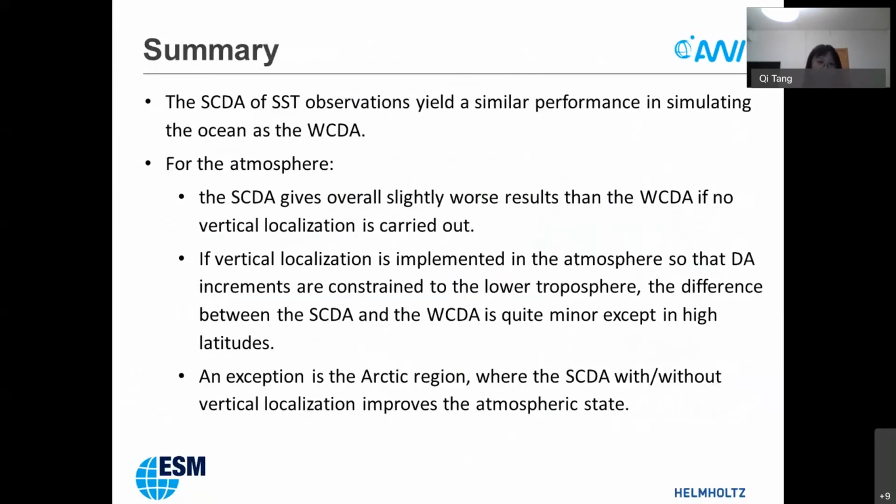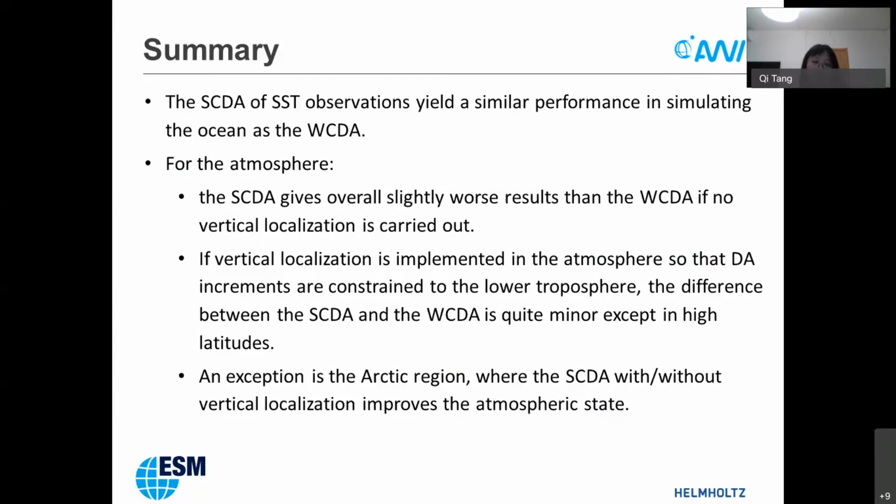And then comes the summary of our study. The strongly coupled data assimilation of SST observations yields similar performance in simulating the ocean as the weakly coupled data assimilation. And for the atmosphere, the strongly coupled data assimilation overall slightly worsens the results compared to the weakly coupled data assimilation if no vertical localization is carried out.